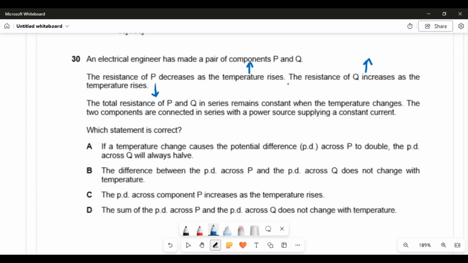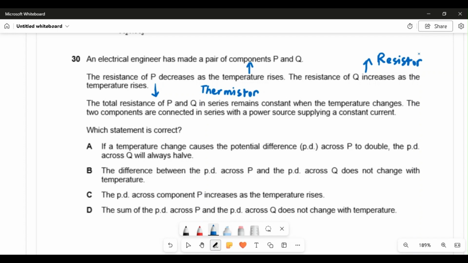So here we have to remember that any component whose resistance decreases with increase in temperature is called a thermistor. Whereas when resistance increases with temperature, this is a normal resistor. So now we have a normal resistor in which resistance increases, and a thermistor in which resistance decreases, with increasing temperature.